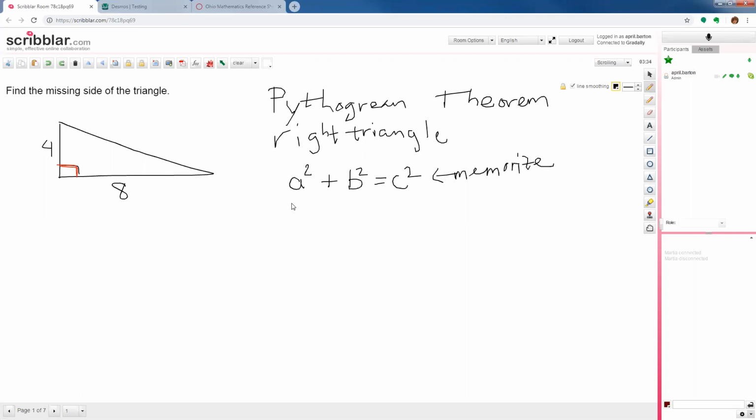So a squared plus b squared equals c squared. All those letters are represented by the sides of the triangle, and specifically a and b are the legs, and c is different. C is the hypotenuse.